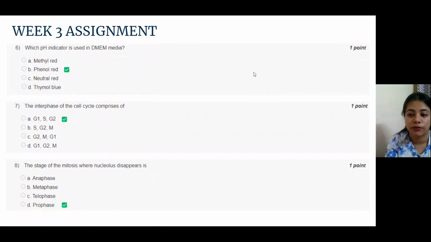Those are the different phases that are present, and among those, prophase, which is the first subphase of the mitotic or M phase of a cell cycle, has some characteristic features which include the disappearance of the nucleolus.